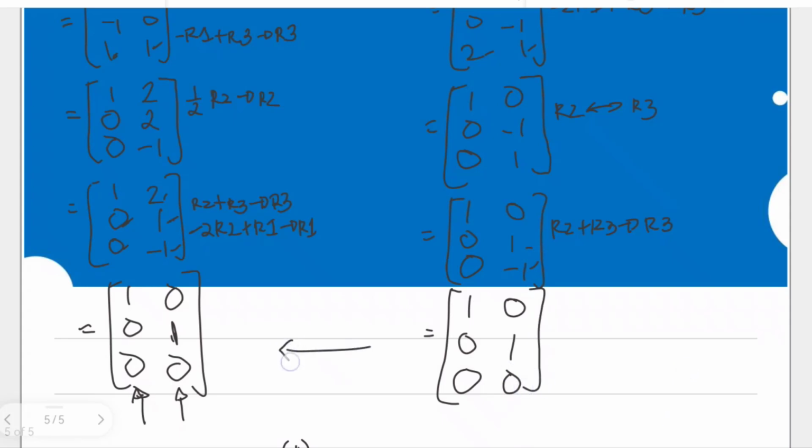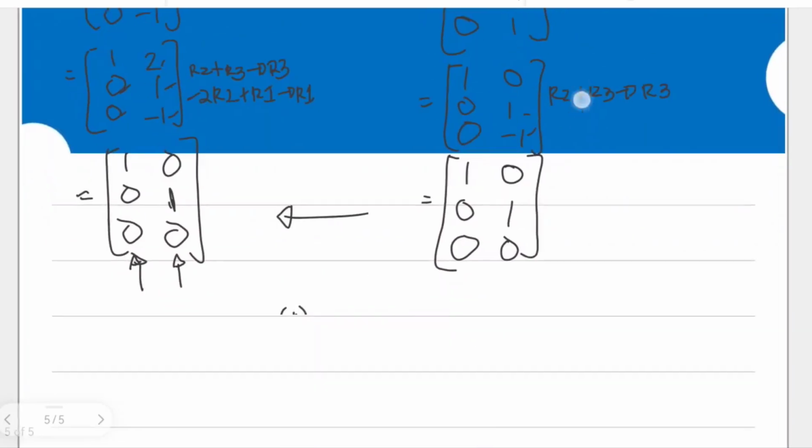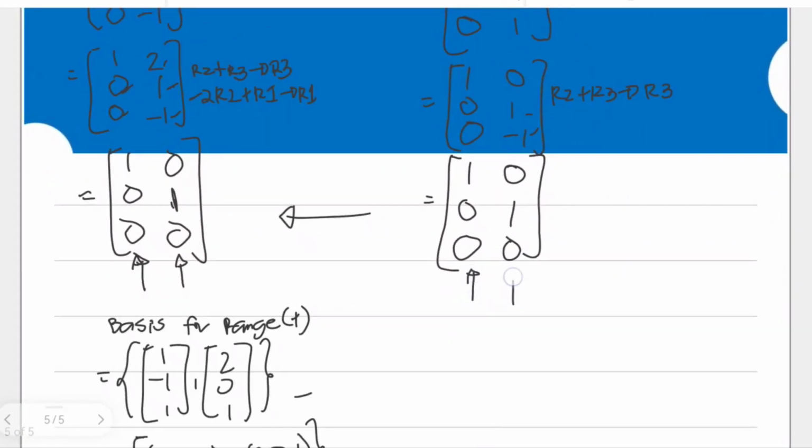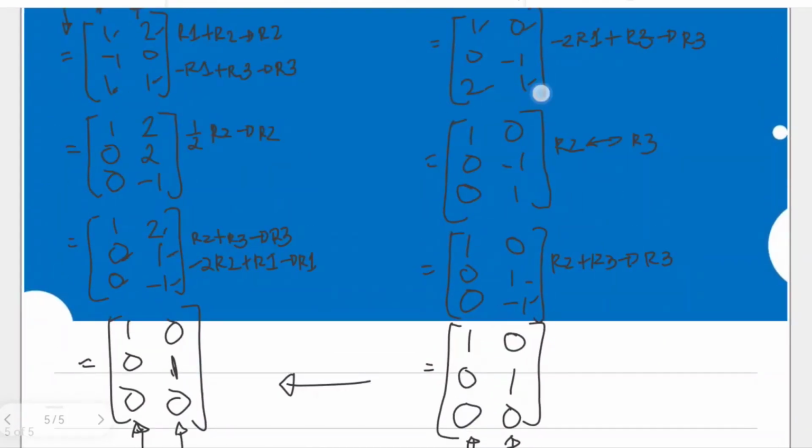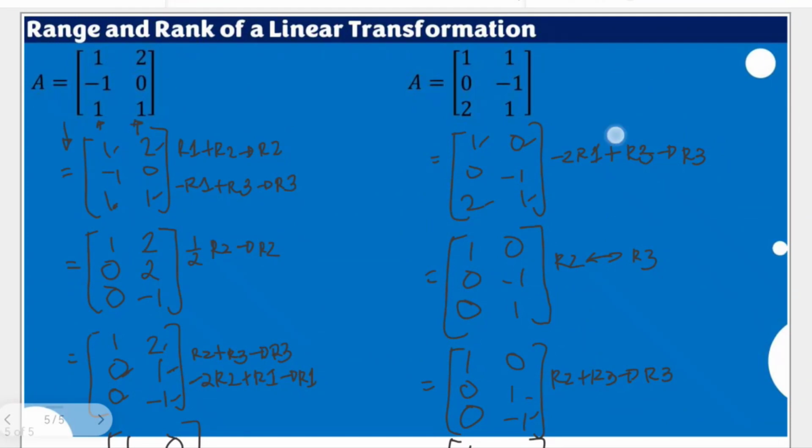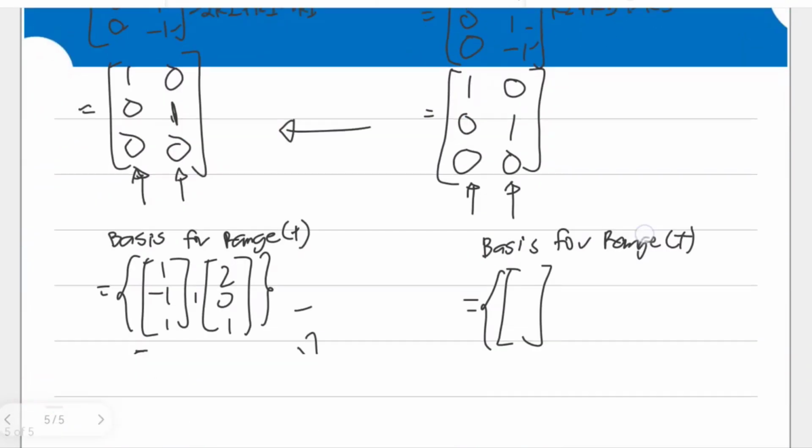So similar to the reduced row echelon form of our first matrix, these two are also considered to be pivot columns, and they comprise the basis of the range of T, but we'll be using the columns from our initial matrix: 1, 0, 2, and 1, negative 1, and 1.